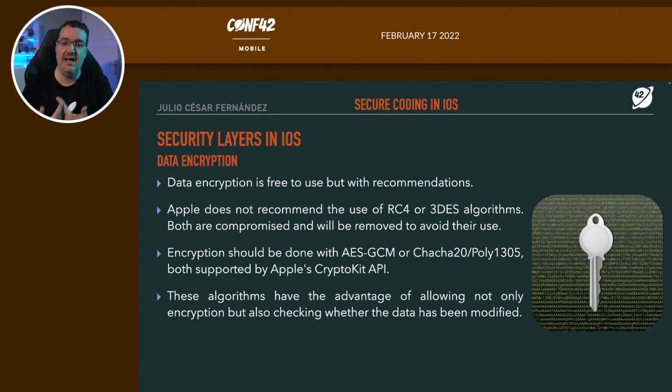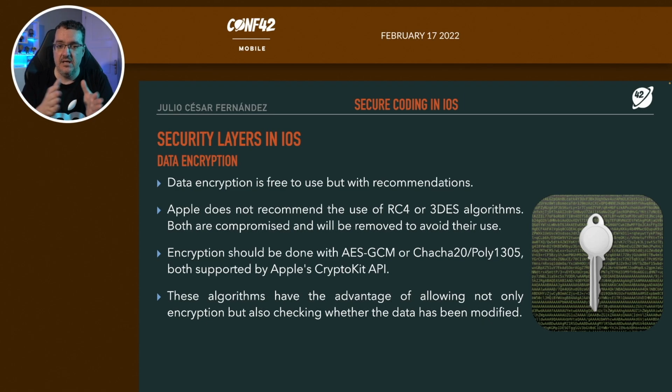CryptoKit is a Swift native API for encryption. Also, if you work with Swift in open source, you can use Swift Crypto, that is the same as CryptoKit, but using the BoringSSL Google engine to make the same things with the same specification, with the same interface.